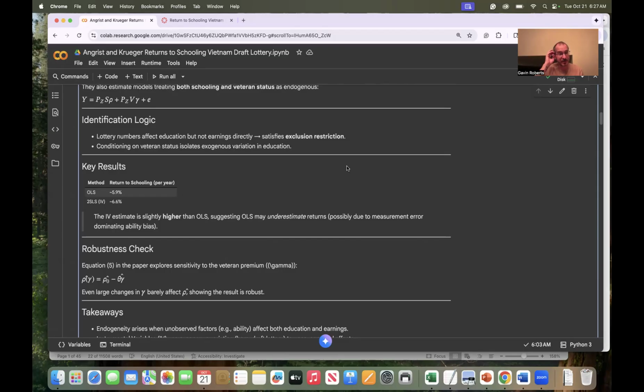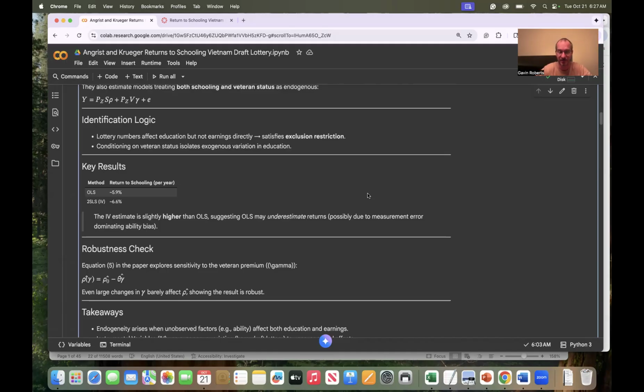Now, we might be able to think of some. So maybe even being born on a certain day leads to earnings for reasons that have nothing to do with schooling. That would mean that draft lottery numbers impact earnings in a way that is not directly through schooling. So we want draft lottery numbers only to impact earnings through their effect on schooling and not in any other way. And that is referred to as the exclusion restriction.